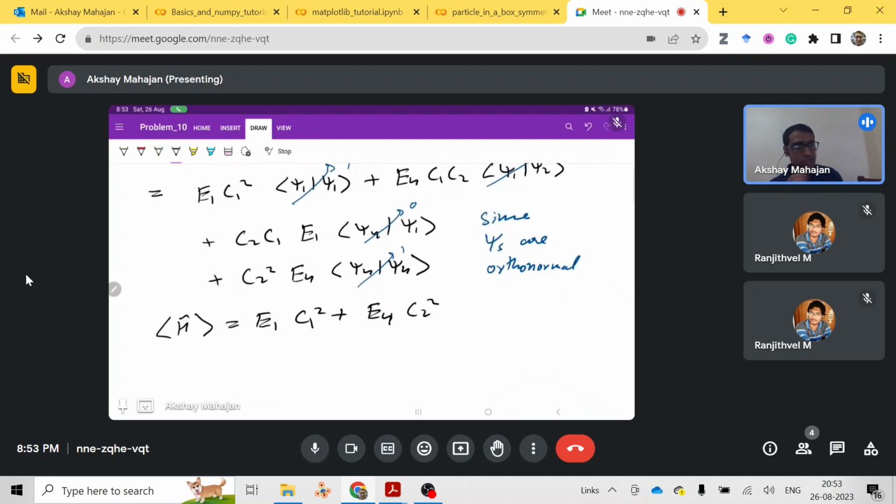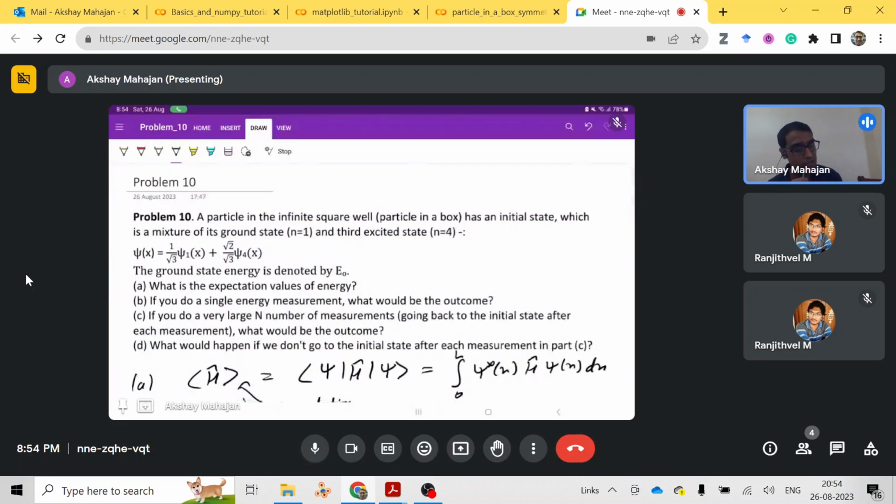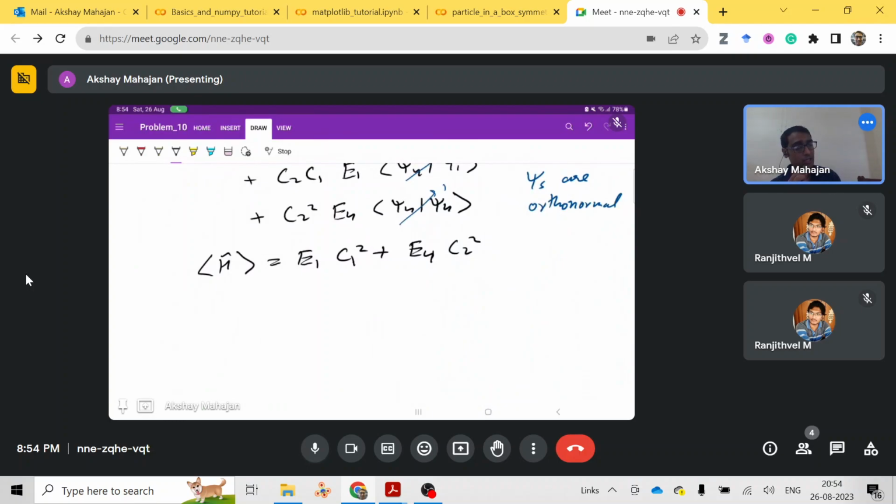H cap is our Hamiltonian. If you remember this, that will work. For any question where the initial state is given as a mixture of two states, the average energy, the expectation value of the energy, will be given by the energy of each state multiplied by the coefficient square.